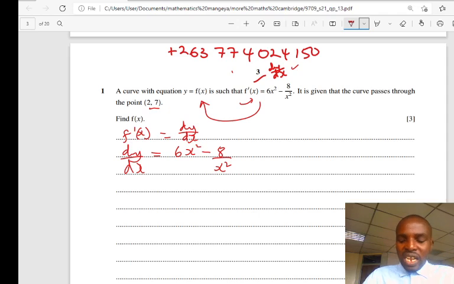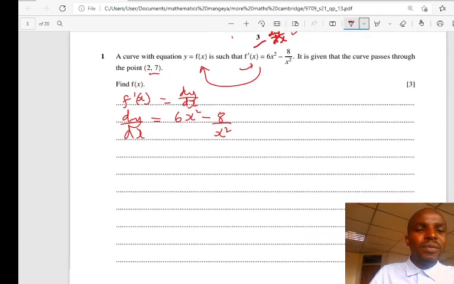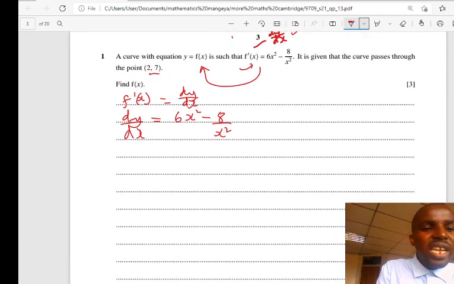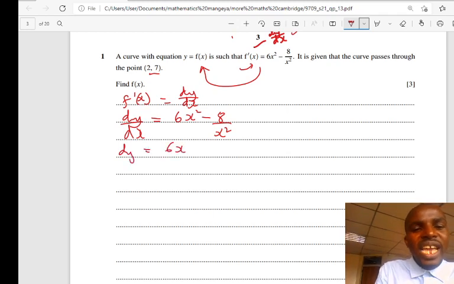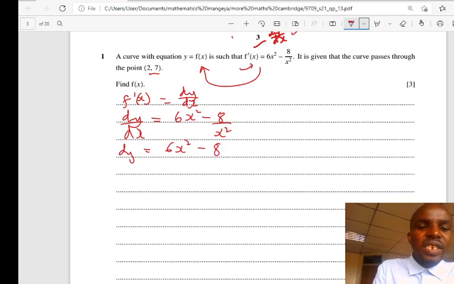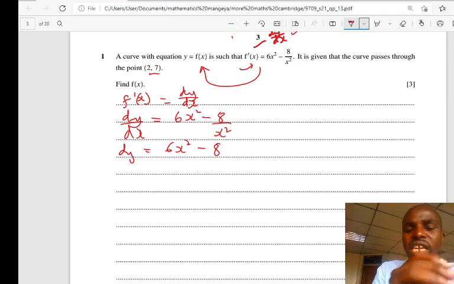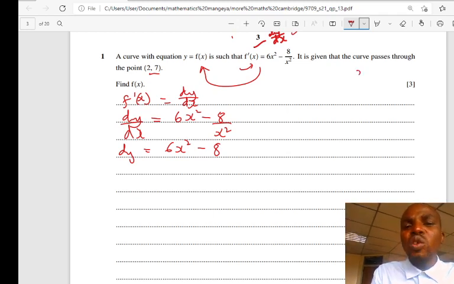So first, let's separate the variables. Separating variables here, you get dy equals 6x squared minus 8. This one, I can put x squared as a numerator here, applying the laws of indices. x to the power minus a is 1 over x to the power a.